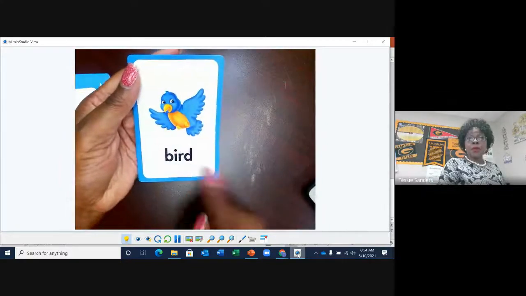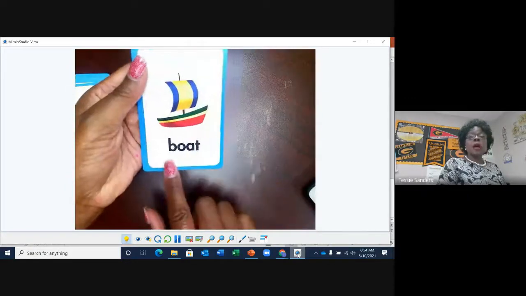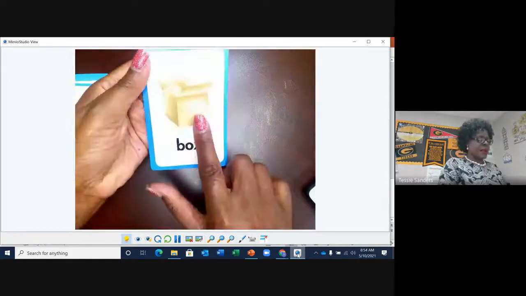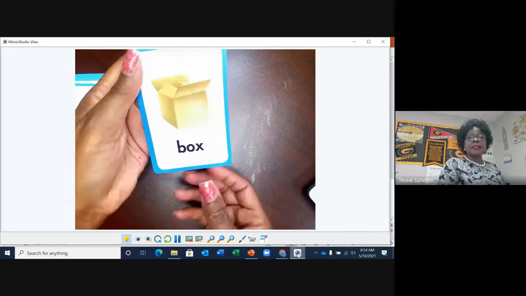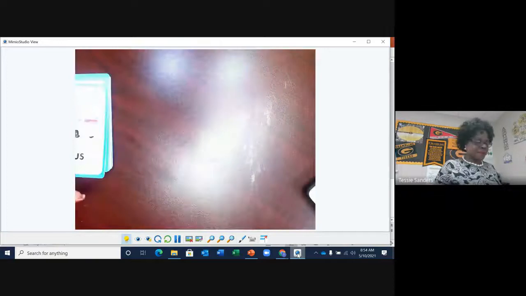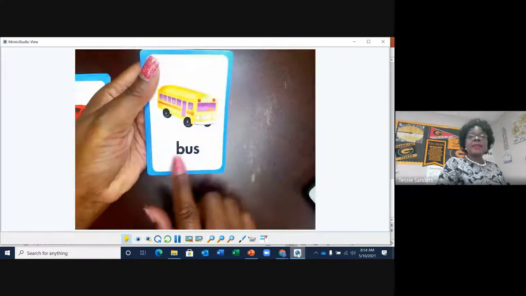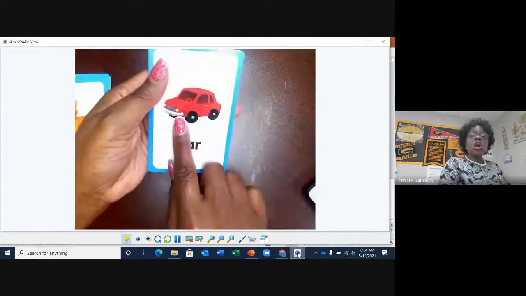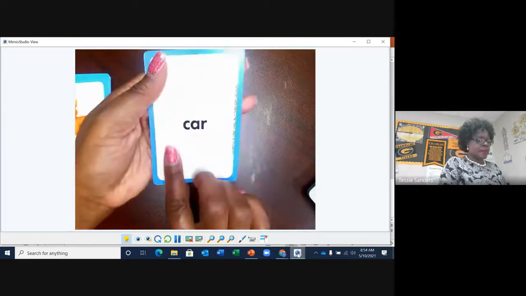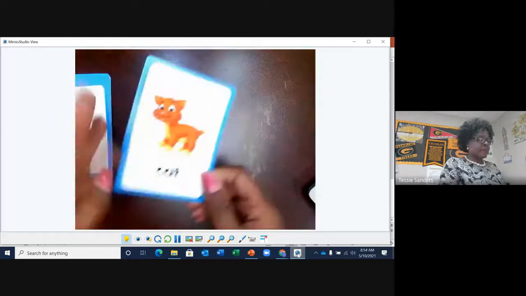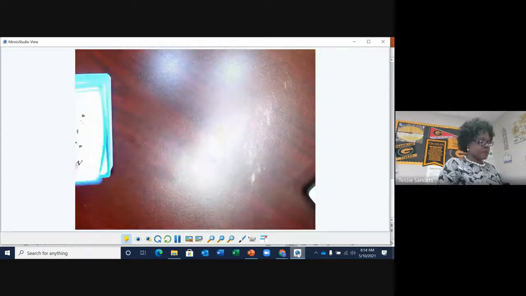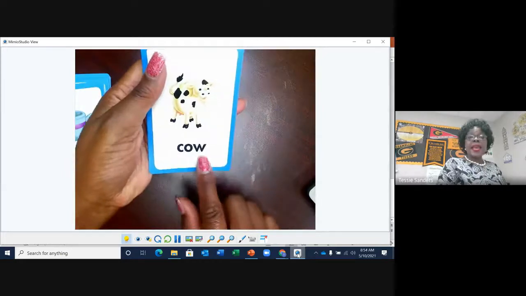Bird. Boat. Box. Bus. Car. Nice. Cat. Cow.